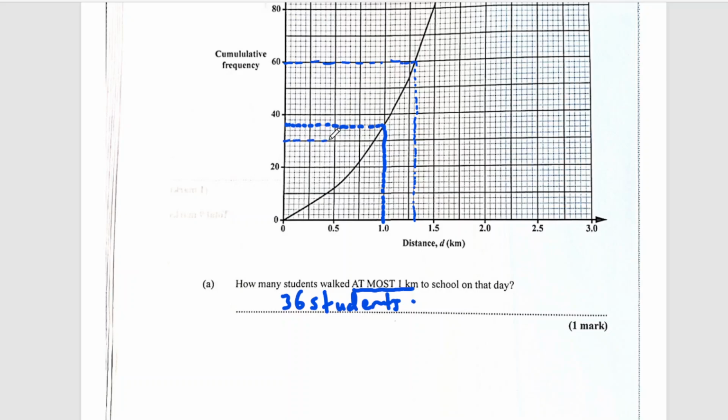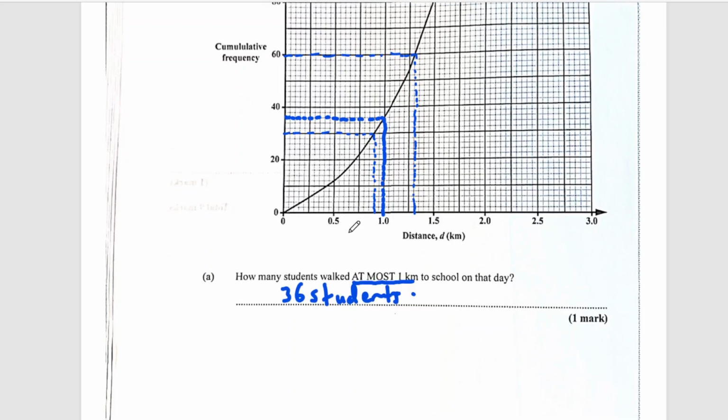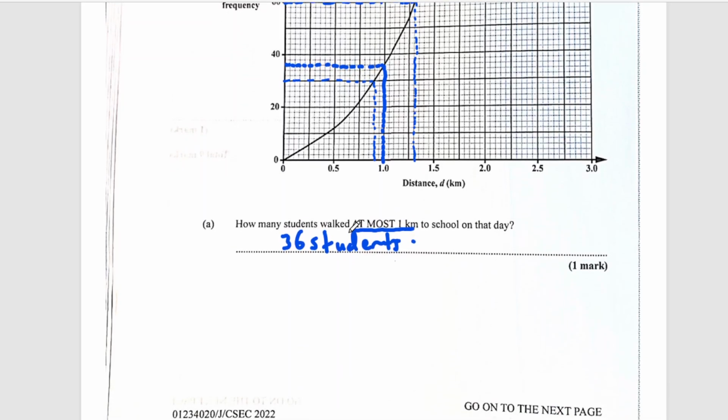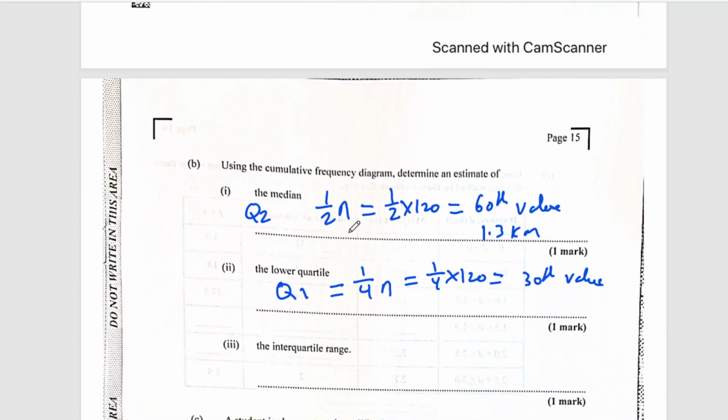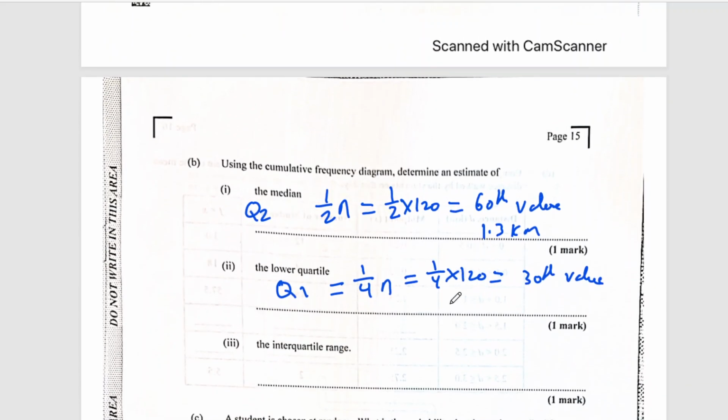You come across, bounce the curve, come down, and read out that value. So this is 0.5, 0.6, 0.7, 0.8, 0.9. So Q1 or lower quartile is 0.9. So 0.9 kilometers.